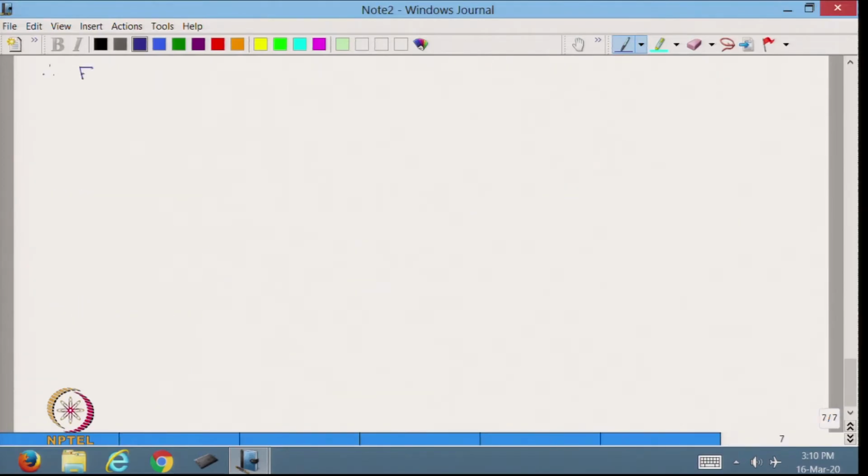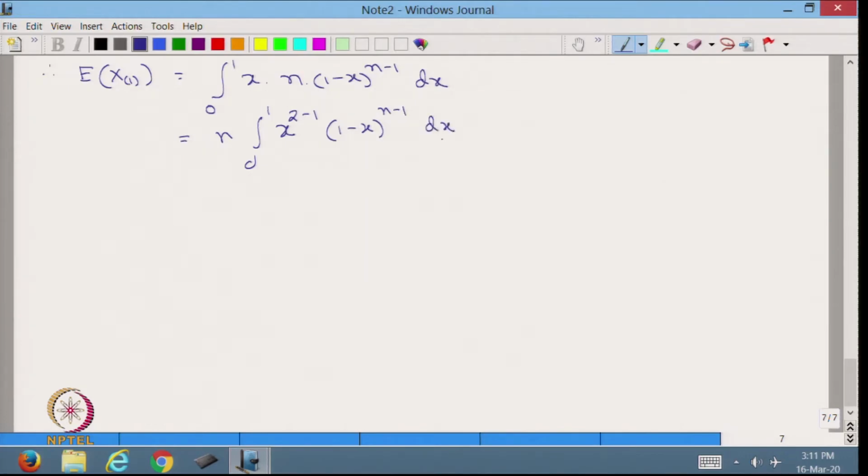Therefore, the expected value of X1 is the integral from 0 to 1 of x times n(1-x)^(n-1) dx, which is n times the integral of x^(2-1)(1-x)^(n-1) dx.